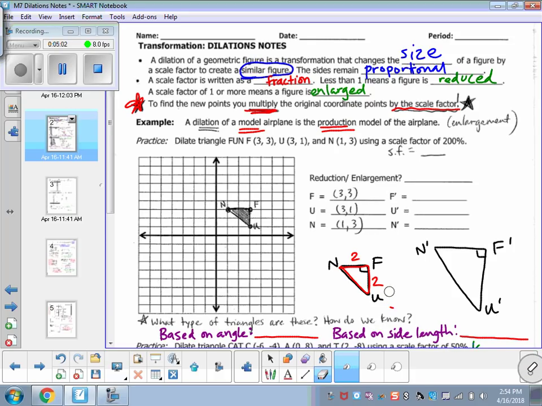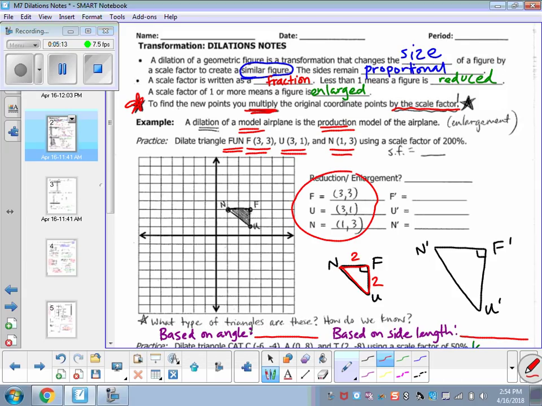Now in the problem you'll see that it's labeled triangle FUN, and that's okay, it doesn't matter. What we've been given though is the coordinates for the points. So if you'll just take a quick second, you'll notice if I move over 3 and up 3, there's point F. If I move over 3 and up 1, there's U. And over 1, up 3, and I now have my triangle graphed on the coordinate plane.